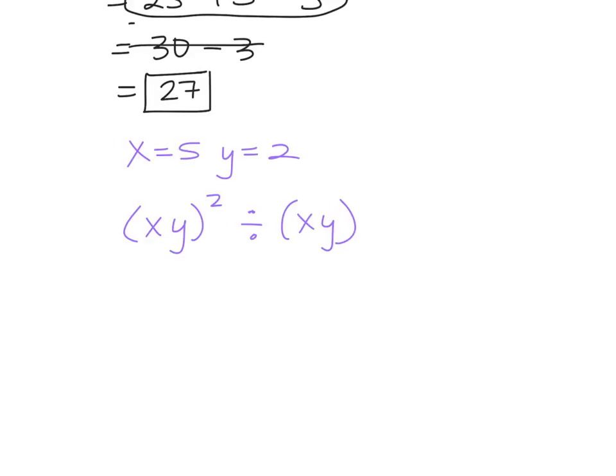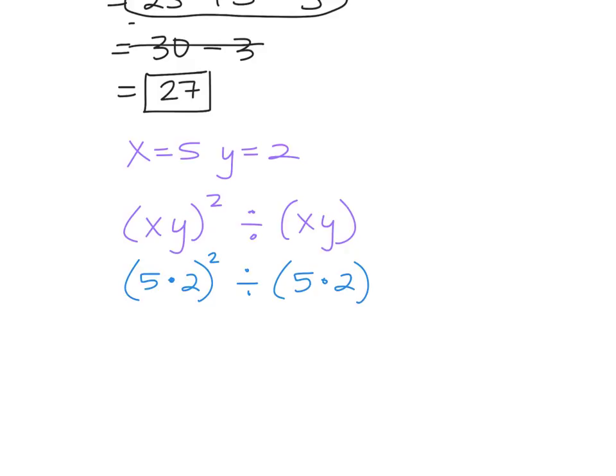All right, so if we're going to plug those numbers in, what operation is happening between the X and Y? Multiplication, right? When they're just next to each other like that, you're multiplying. So we're going to do 5 times 2 squared divided by 5 times 2.